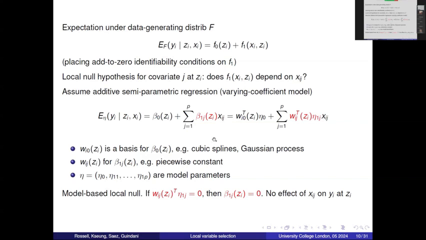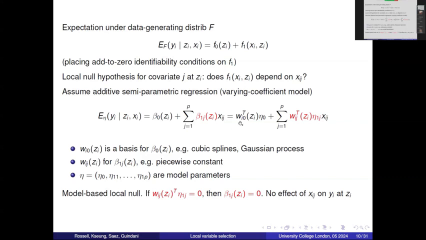Of course, I cannot leave it at that. So what I'm going to do is restrict attention to a certain class of functions of the betas. This could in principle be anything. It could be splines, it could be Gaussian processes, it could be something else. But the key of the story is that you have some basis for this space of functions.